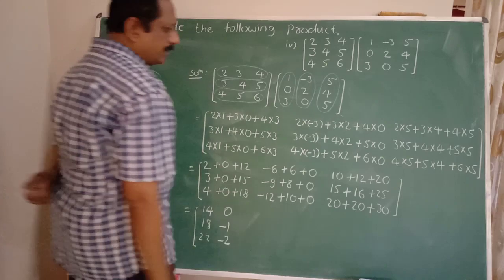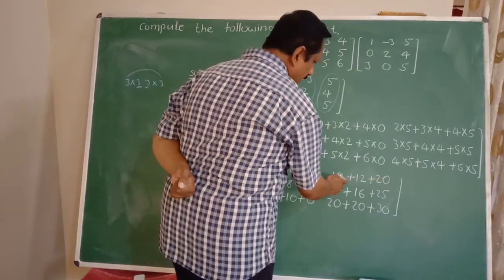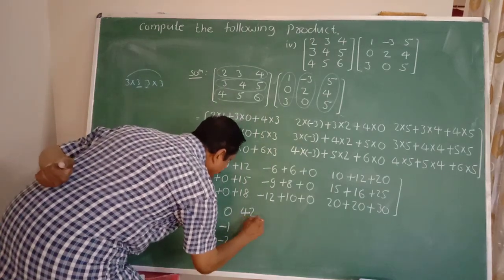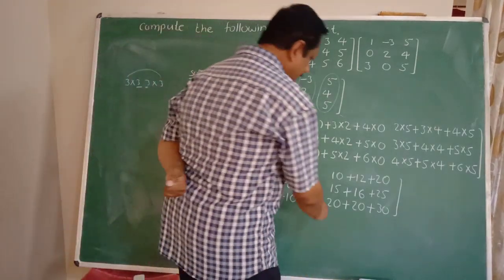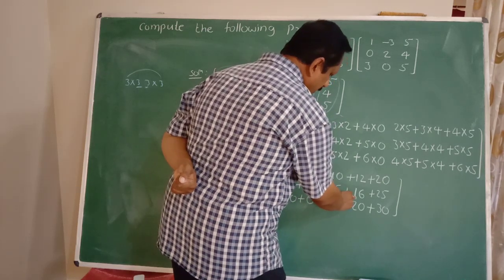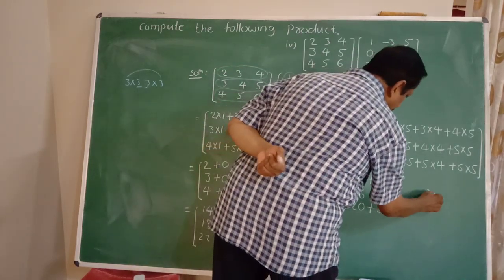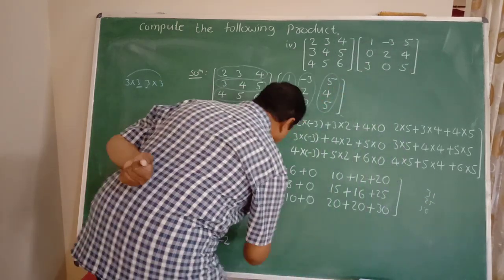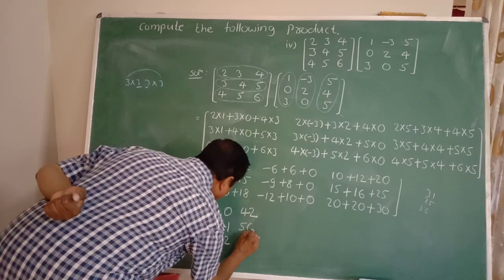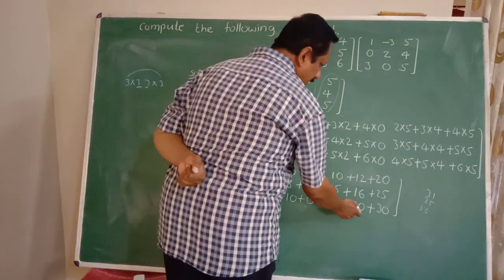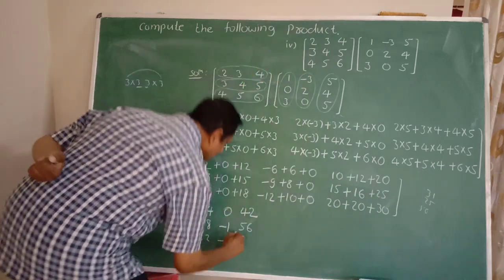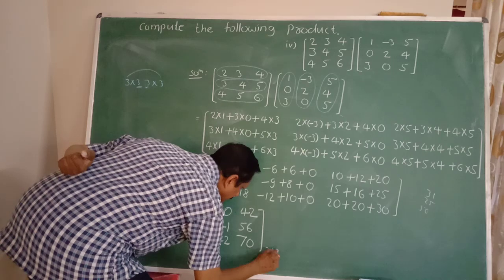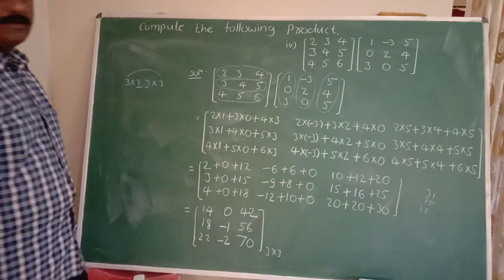Then 10 plus 20, 30 plus 12, 42. Then 15 plus 16, 31, 31 plus 25, 56. Then 20 plus 20, 40 plus 30, 70. So the order of the resulting matrix is 3 into 3.